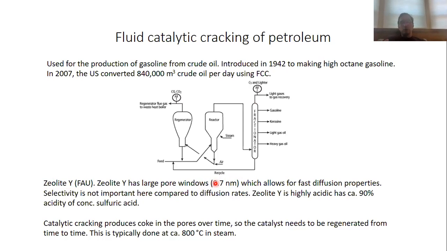Rather, what's wanted is that all these molecules can diffuse fast into the pores so that the conversion into smaller hydrocarbons is achieved fast. Further, zeolite Y is highly acidic. It has 90% acidity of concentrated sulfuric acid. Therefore, it has high catalytic activity for the cracking of these large hydrocarbon molecules in the crude oil into smaller hydrocarbon molecules.